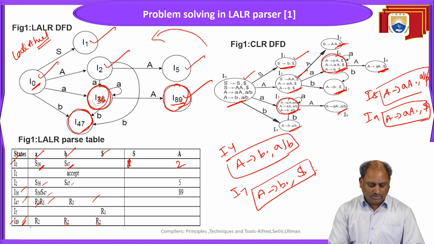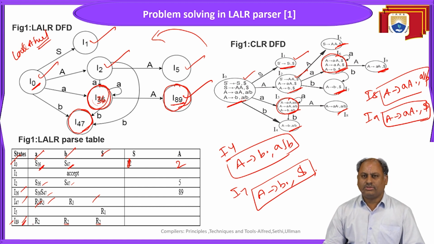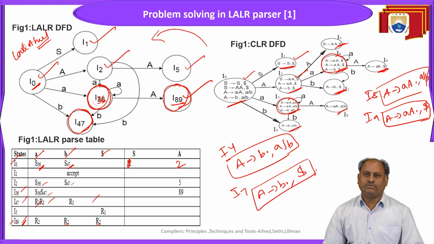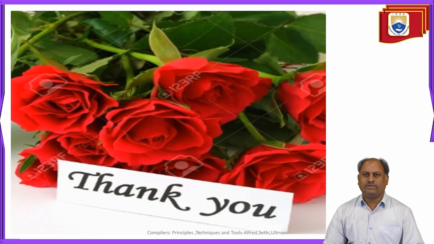We also have to combine the rows, and the combined parse table will be written like this. In this way we solve the corresponding CLR and LALR parsing tables and data flow diagrams with this example.